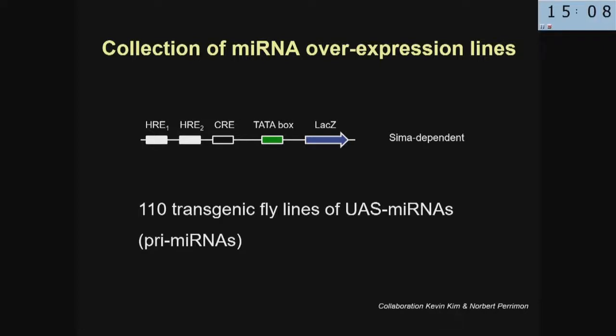We collaborated with the lab of Norbert Perrimon at Harvard, who had created a whole collection of transgenic lines overexpressing these microRNAs. And we created a transgenic line expressing a beta-galactosidase reporter, very similar to the one that I described in the cell culture, controlled by the same enhancer, the LDH gene from mouse.